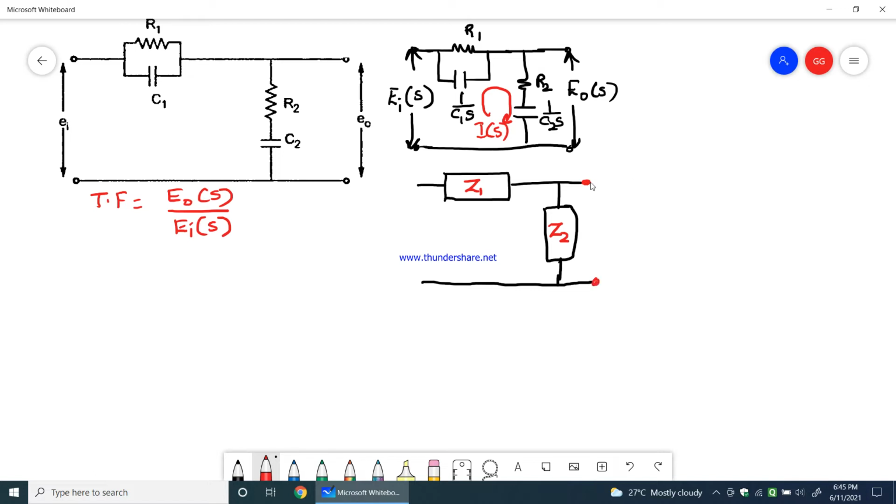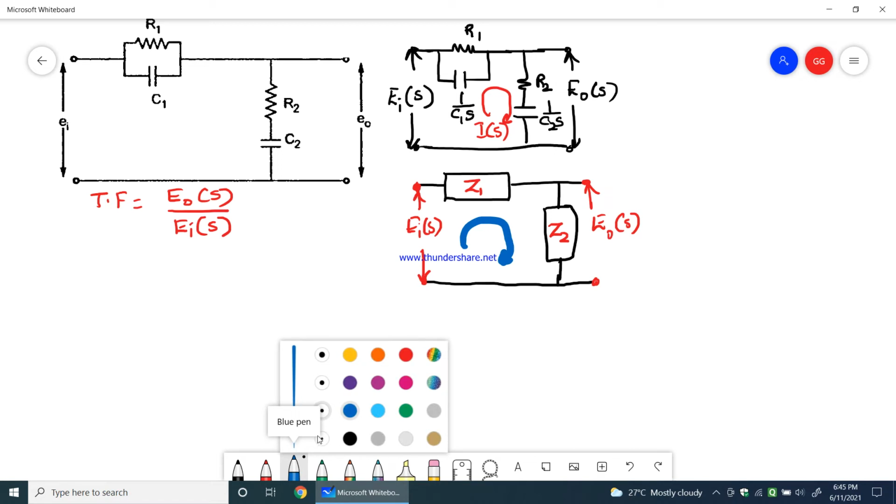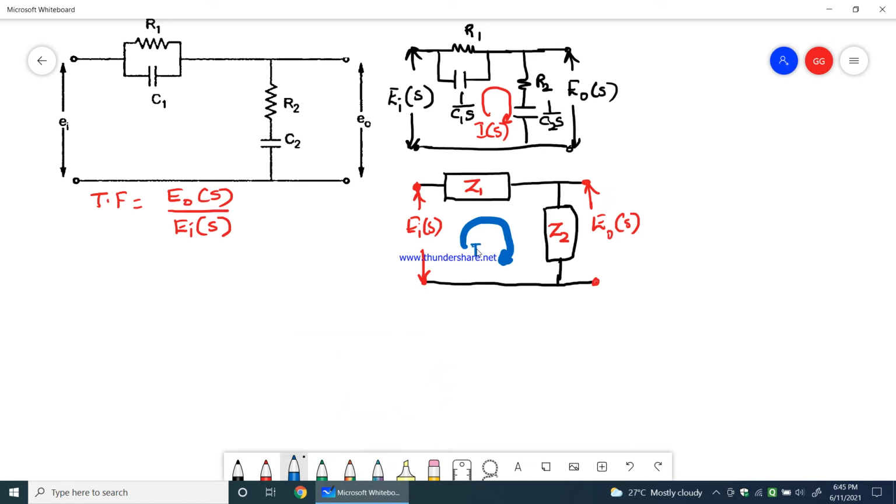This is E out of S, whereas this is E in of S, and the current through this circuit is I of S.